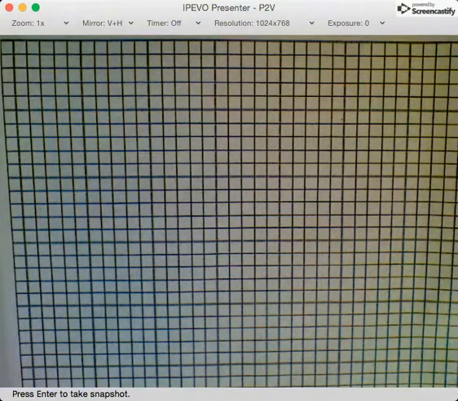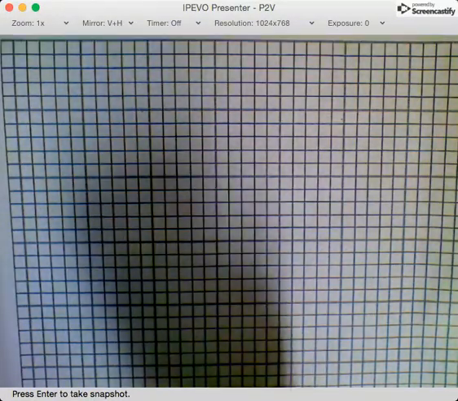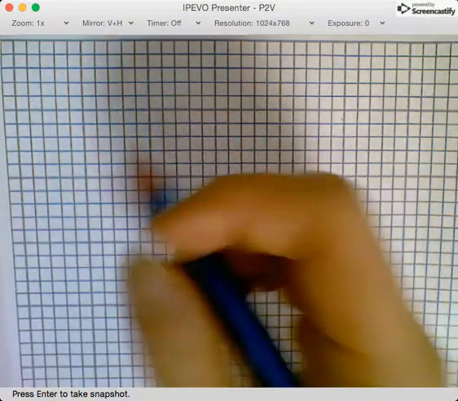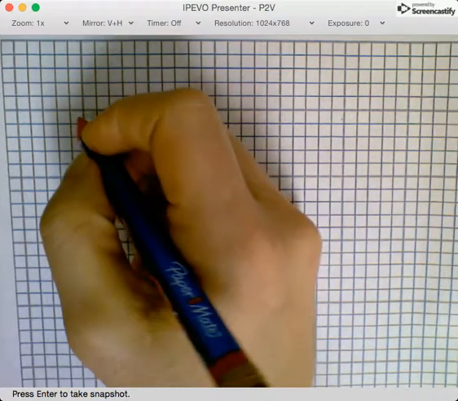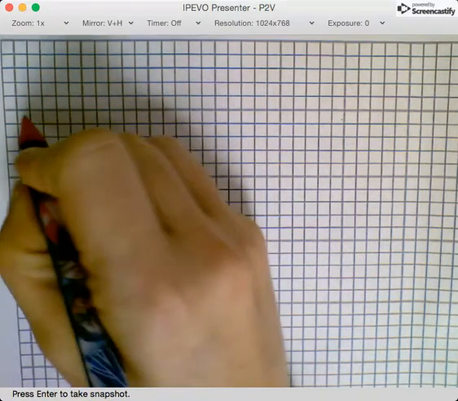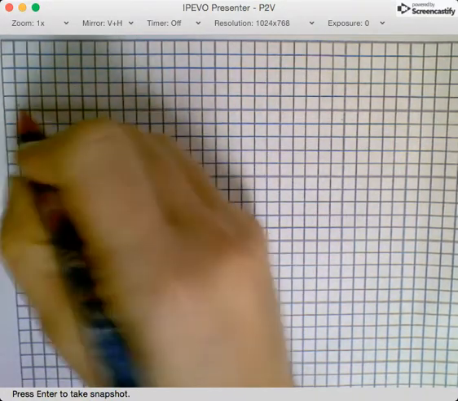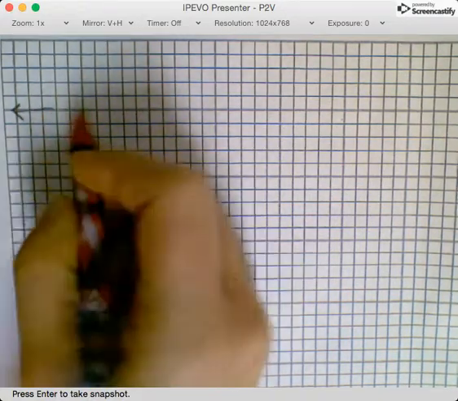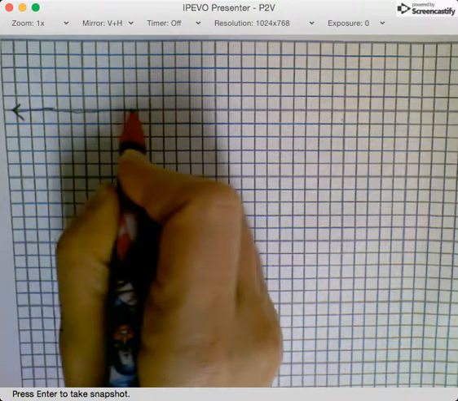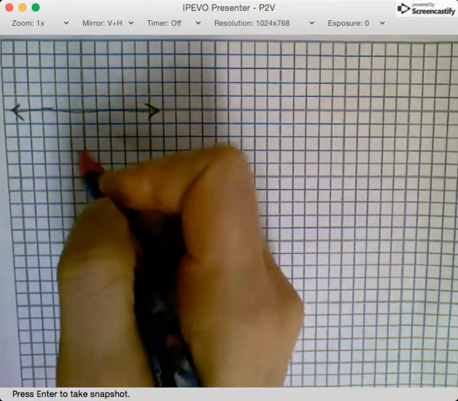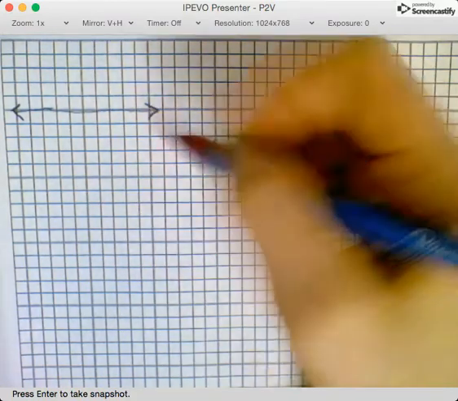So let's take a look at just a grid. I used grid paper here, and I'm going to show you by creating our own coordinate grid plane. Obviously I'm going to need an x-axis, and I'm just going to draw a line. The line goes on forever in both directions. That is why it has arrows at the ends.